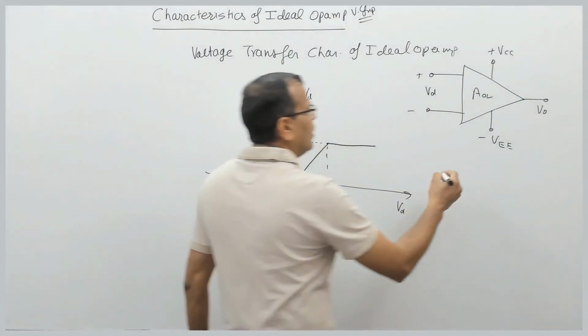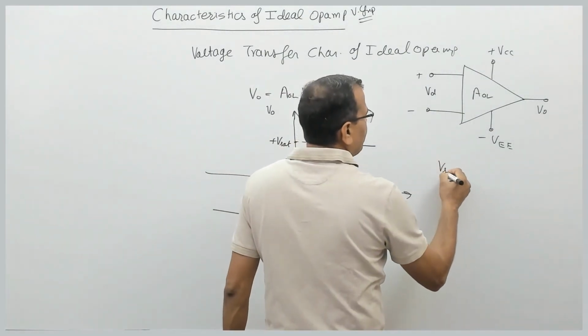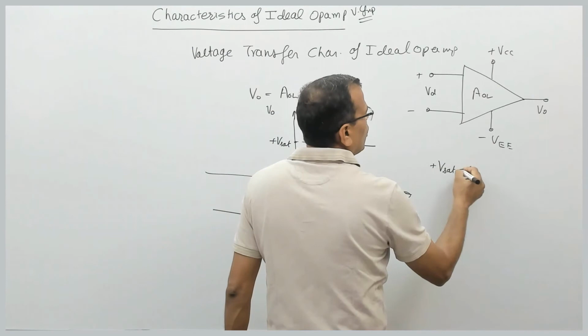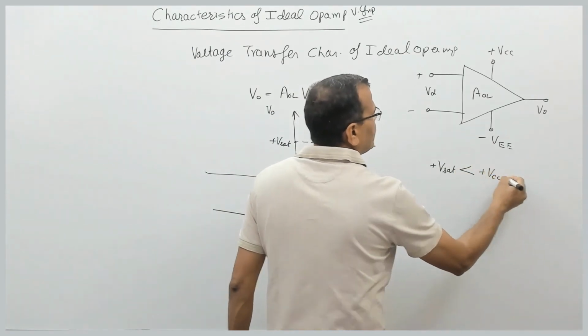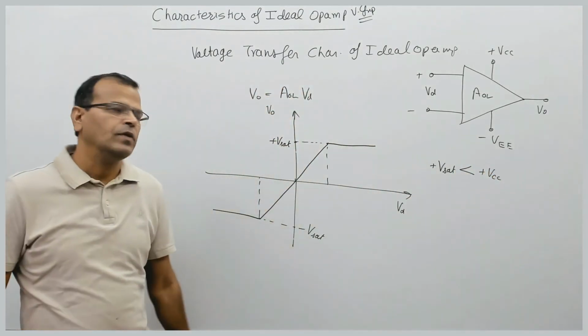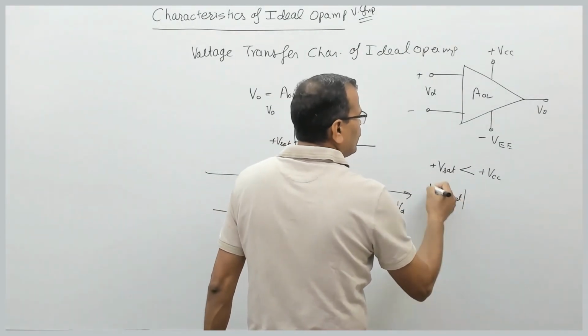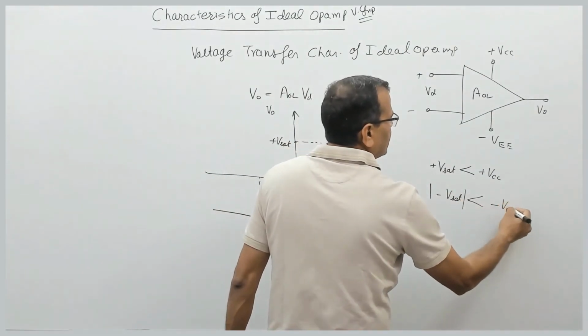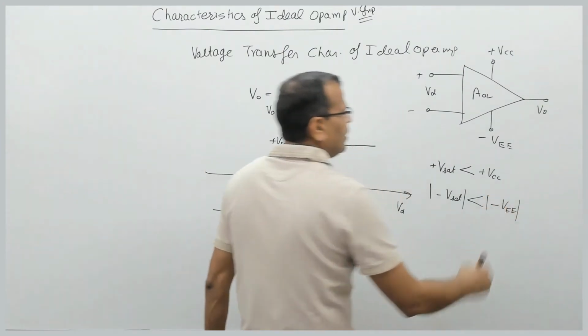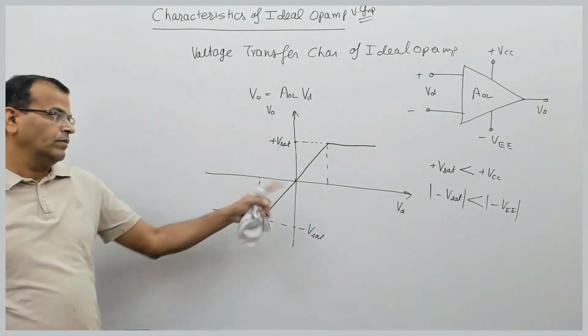Remember one thing: on the positive side, plus Vsat is always less than plus VCC. On the negative side, the magnitude of minus Vsat is always less than the magnitude of VEE.